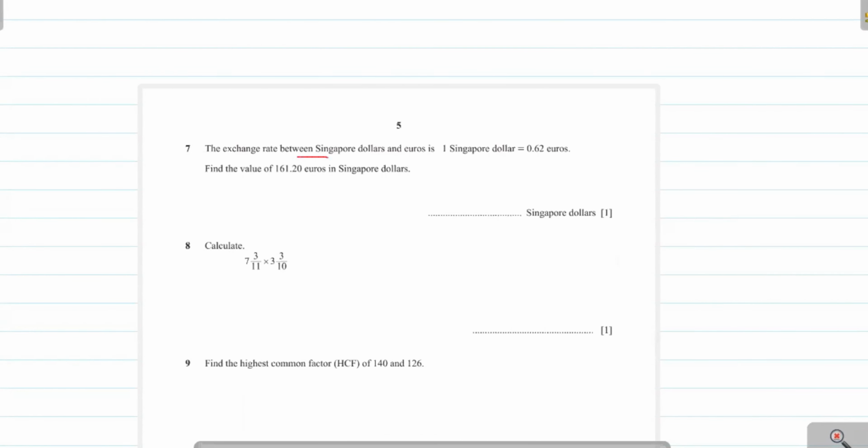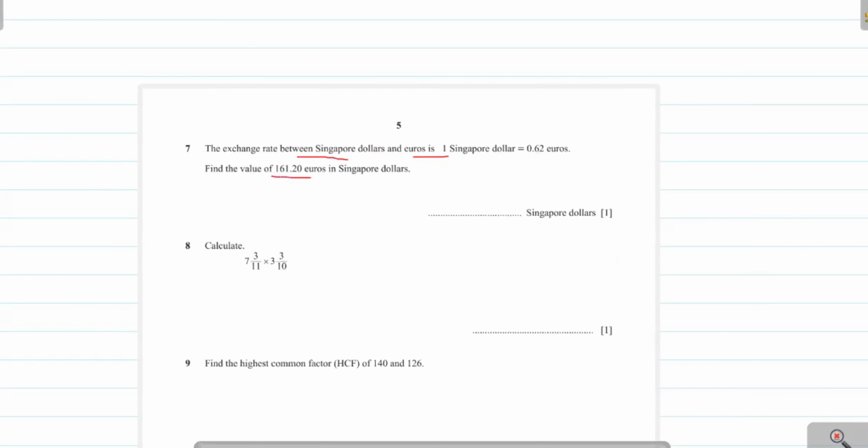Question 7. The exchange rate between Singapore dollar and euro is 1 Singapore dollar equal to 0.62 euro. Find the value of 161.2 euro in Singapore dollar. Now we can write this 1 Singapore dollar divided by 0.62 euro.